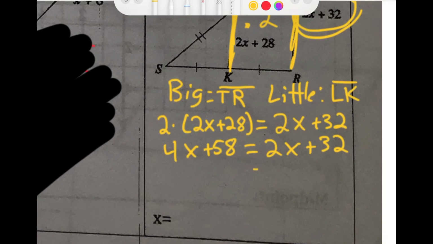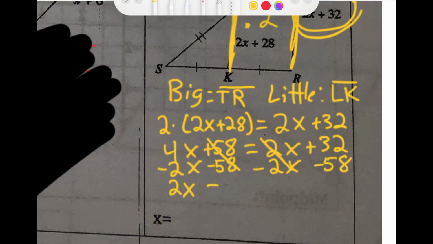Solving for x, so we need our x's on the same side. If you choose to do it in a different order, that's fine. I'm choosing to move the smallest x to the other side by subtraction. And then I'm going to move the 58 over by subtraction. I get 2x equals negative 26. Divide by 2 on both sides.